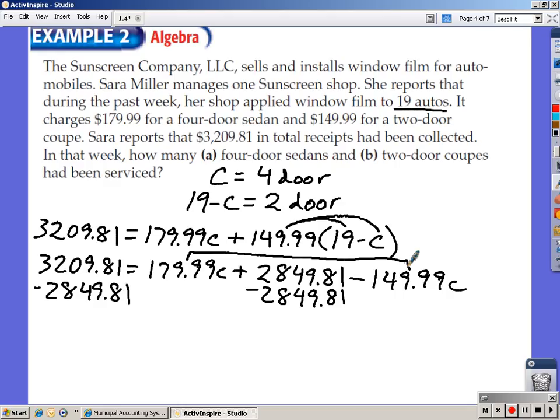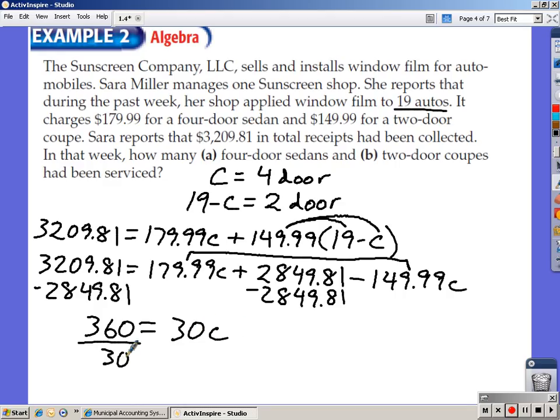So, let's combine those first two. 3209.81 minus 2849.81 is 360 equals. All right, now I'm going to combine 179.99 minus 149.99. Both those have C on them. So that equals 30C.